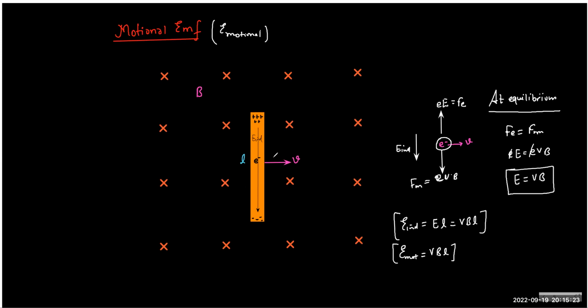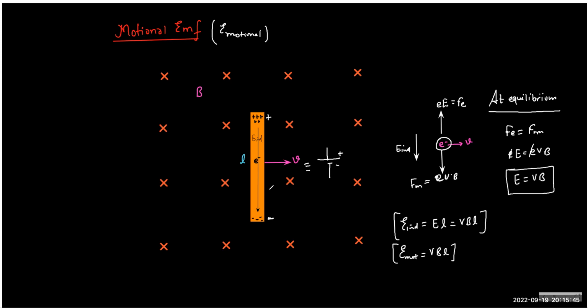Localized means what? It is confined between the two ends. So this entire rod we can represent equivalently as a cell. And this cell will have the positive polarity upward and negative downward. As you can see, negative is here and positive is here, right?